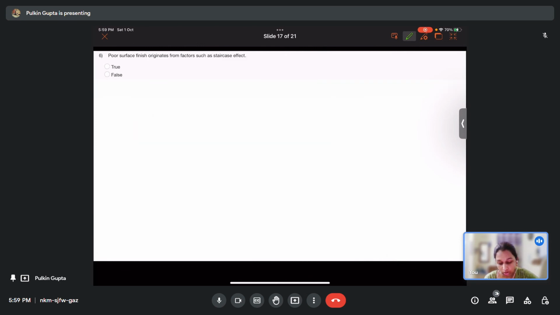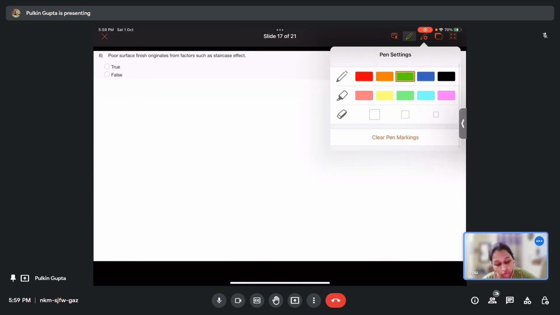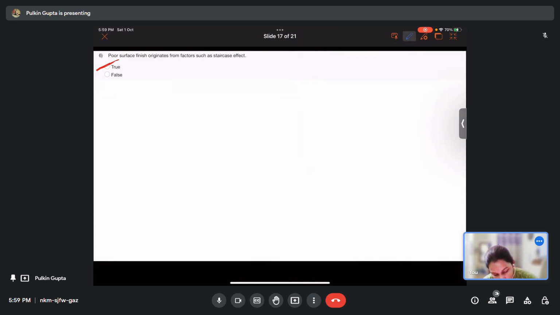So moving on to next question. Poor surface finish originates from factors such as staircase effect. True or false? True. So we had talked how inclined surfaces like these cause staircase effect. So this is your staircase. Suppose this had been your component.